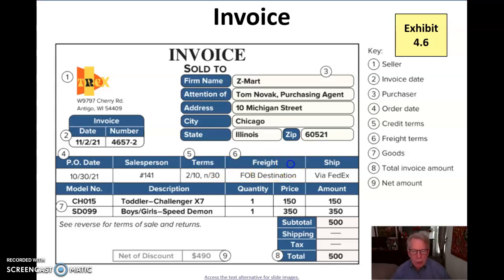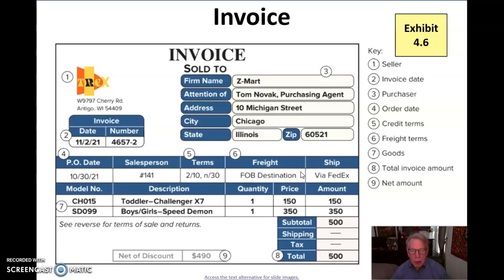And FOB, we'll talk about that later in this PowerPoint, but that stands for free on board, which makes little sense, frankly. But nevertheless, FOB tells you when the goods transfer title. So a very important determination.